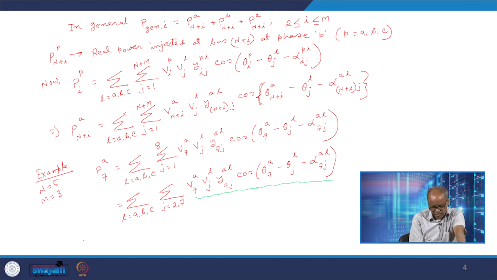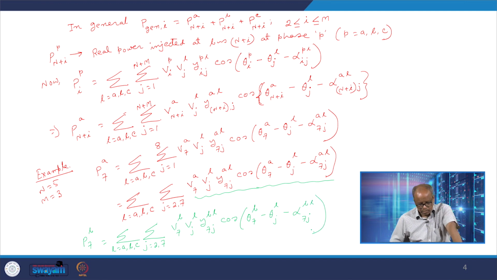Similarly, I can say that P7B will also be equal to the sum over l = A, B, C, and here also j = 2 and 7, of V7B, VJL, Y7JBL, cosine of (theta 7B minus theta JL minus alpha 7JBL). Right?